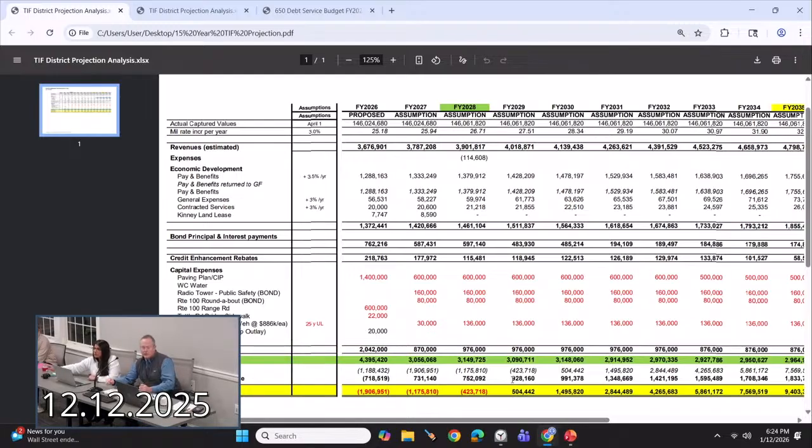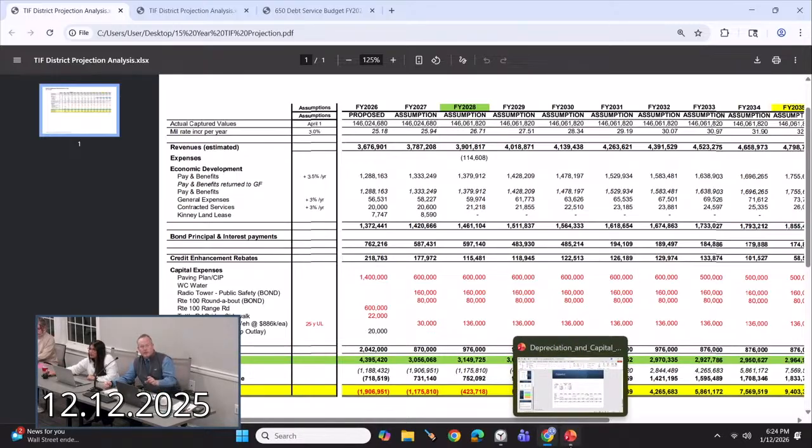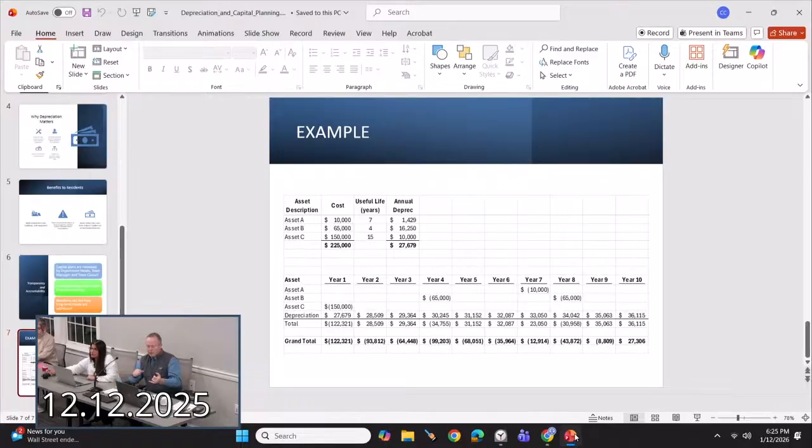One other thing to put all this into perspective with capital planning is a lot of what Helene had shown earlier, and I'm thinking about Councilor Mahalik and his question as well: what do we know our liabilities are going to be going forward? This gives us the ability, in the way that Helene described, to fund depreciation, knowing that this truck's going to have a lifetime of X number of years.